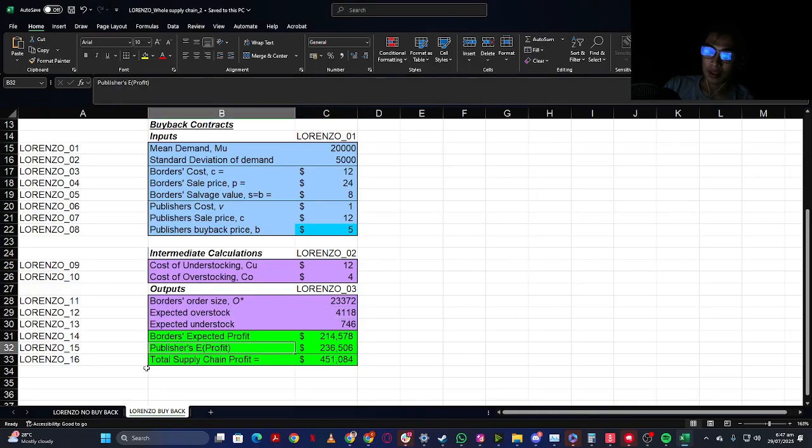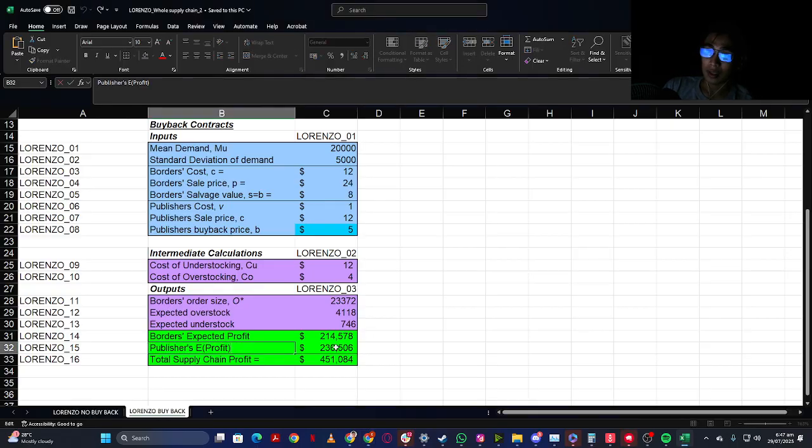And then the publisher's expected profit should be order quantity times 12 minus 1, or the subtraction of 12 minus 1, which is equal to 236,506. So what's the formula for that?